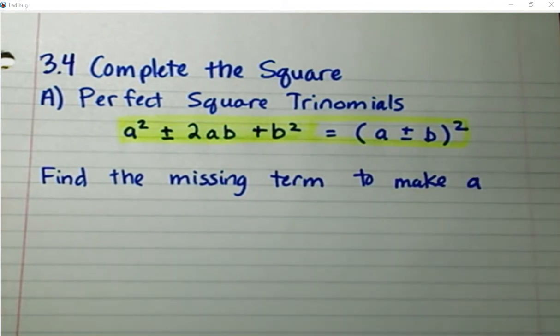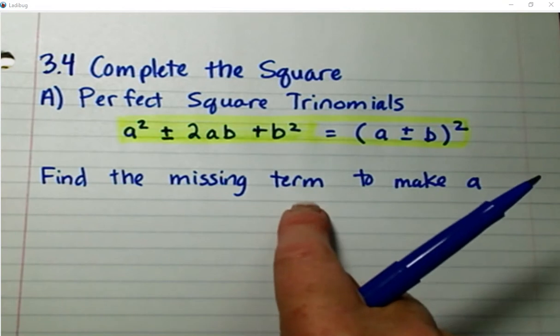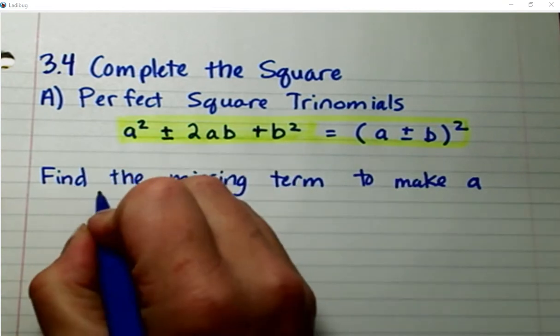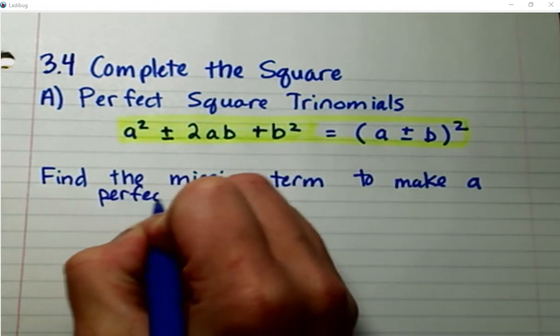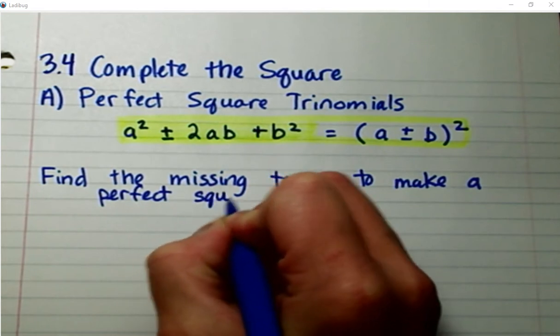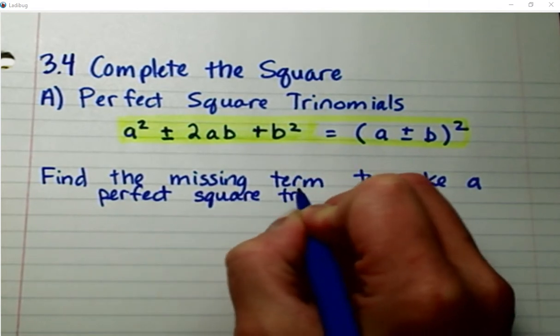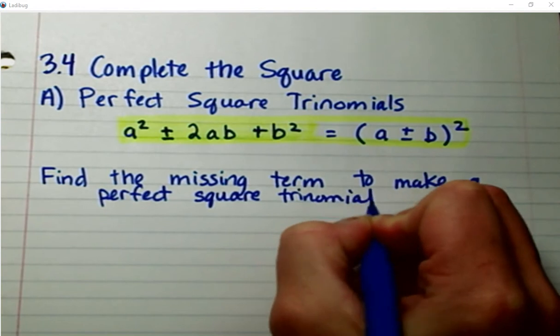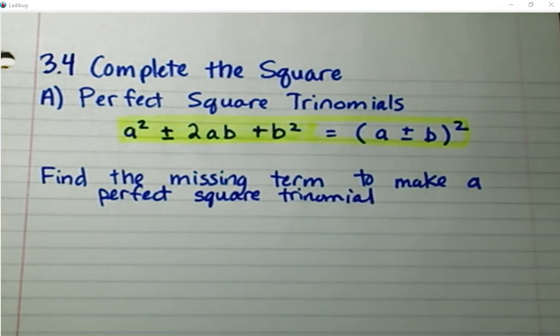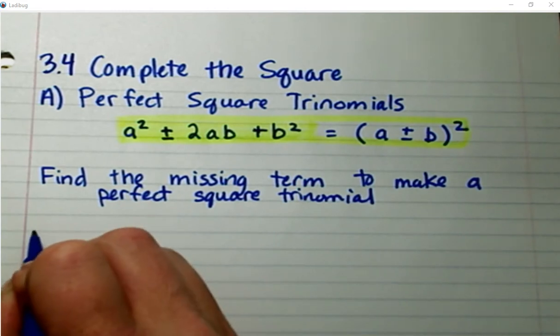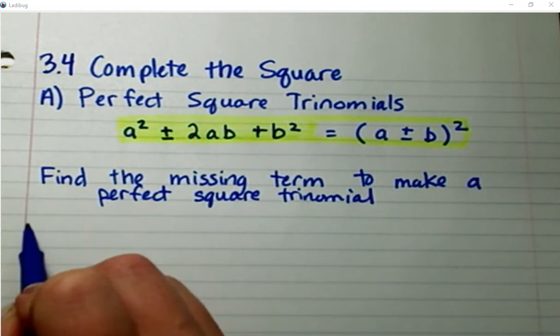Okay, so here's the question. Find the missing term to make a perfect square trinomial. So I'm going to put in a couple blanks here, and we're going to try to fill in the blanks. Examples.